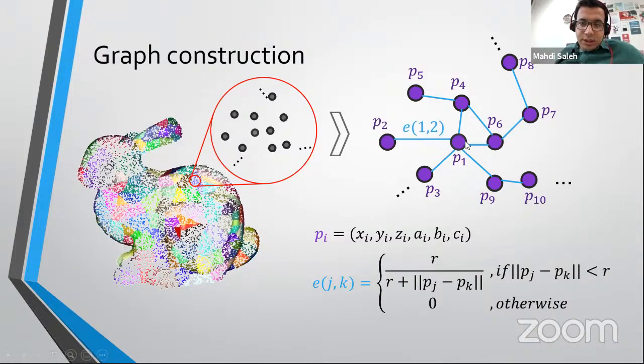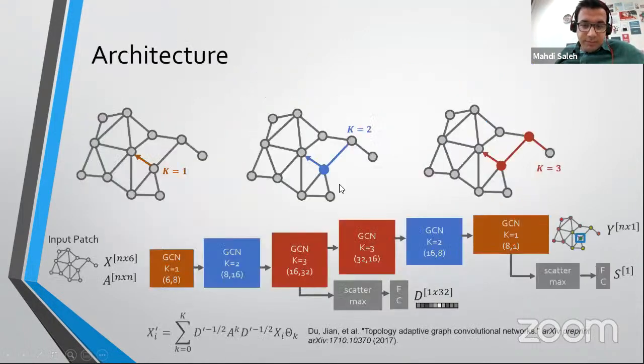So if you have two points that are very close, they are weighted high, and if you have two points that are very far from each other, the edge weights are lower.